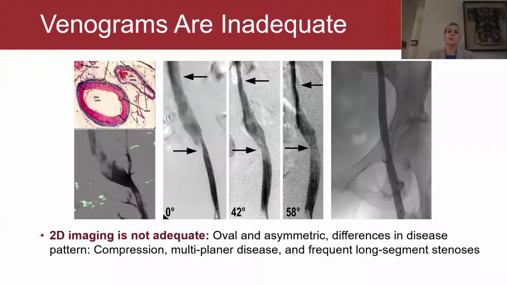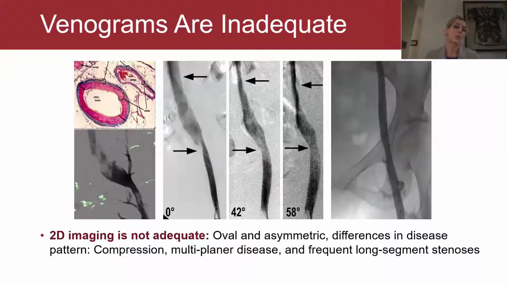Venography has been used for a long time now to image both our arterial system and the venous system. However, properties of the veins themselves, as well as the presentation of venous disease, make this largely inadequate. The veins are oval, so depending on the gantry angle that you look at your vessel, you're going to see grossly different images.